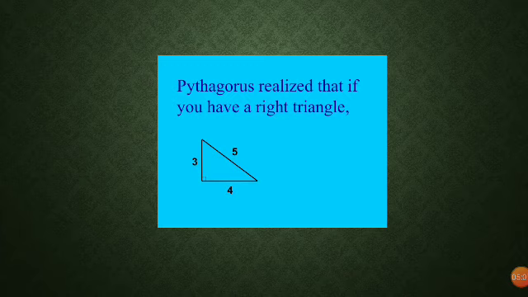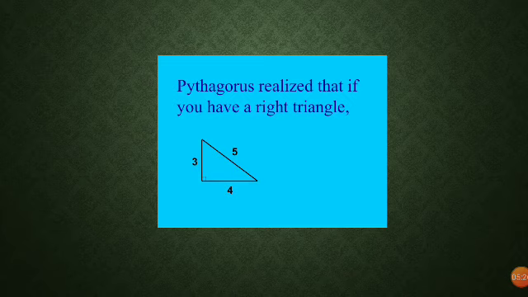So 4 is a, 3 is b, 5 is c. a square plus b square equal to c square. 4 square plus 3 square equal to 5 square. 4 square is 16 plus 3 square is 9 equal to 5 square, 25.